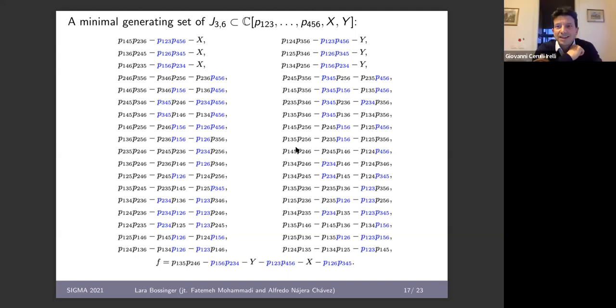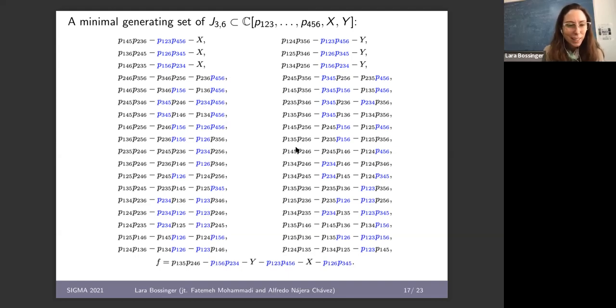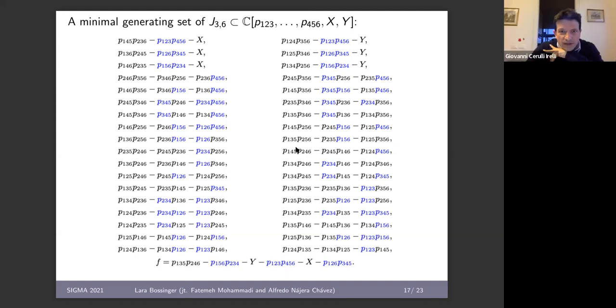Can I ask a naive question? Hi, Lara. Sure. These cluster variables that you find remind me a lot of the exotic cluster structure explored by Gekhtman, Shapiro, and Weinstein. They found these strange determinantal minors, but for matrices which are cut and pasted from the initial matrix.